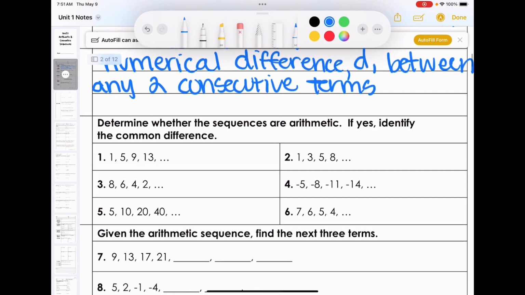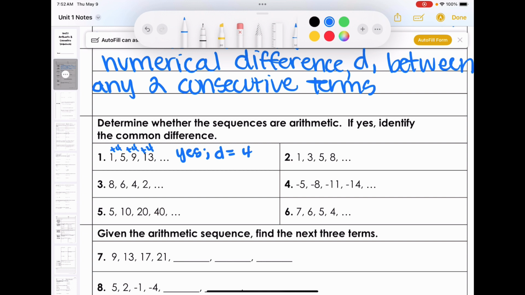So looking at number 1, we have 1, 5, 9, 13, which if you look for that pattern, we're adding 4 every time. So yes, this is an arithmetic sequence, and our common difference is going to be a positive 4 because we're adding 4 every time.